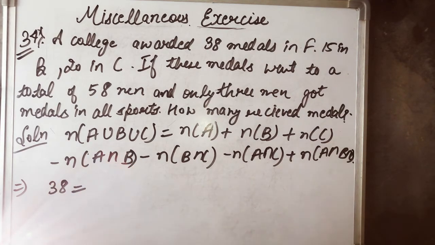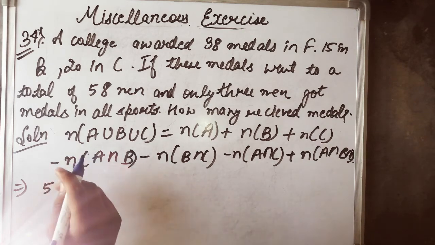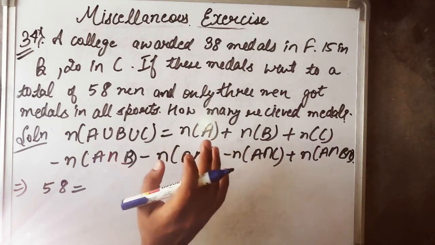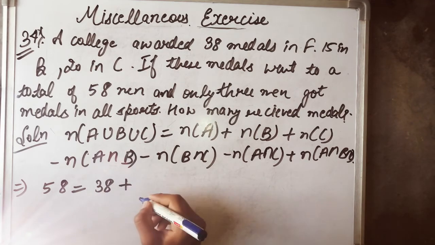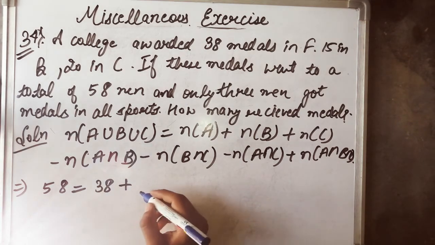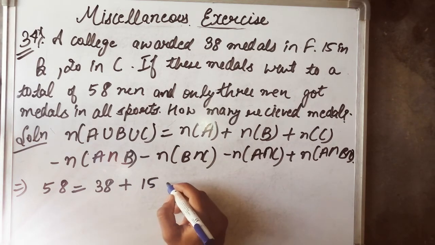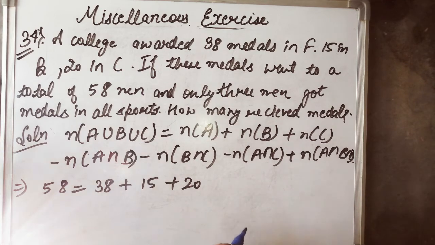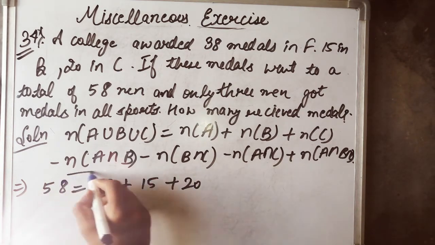Total number of people are 58, so I'm replacing it: the total number of medals awarded in football is 58, plus medals awarded in basketball is 15, and awarded in cricket is 20, plus minus, we don't have the value of these three.